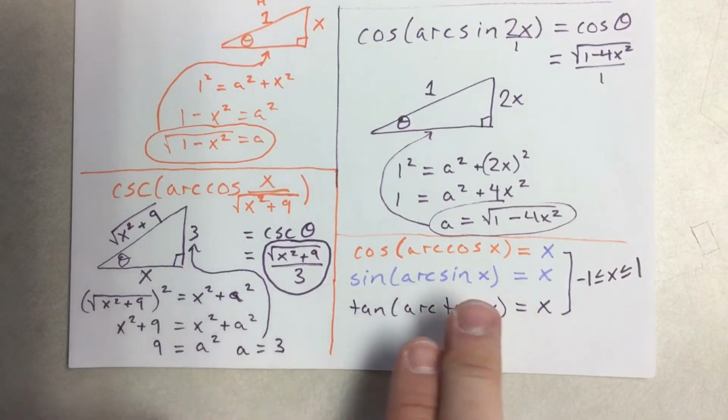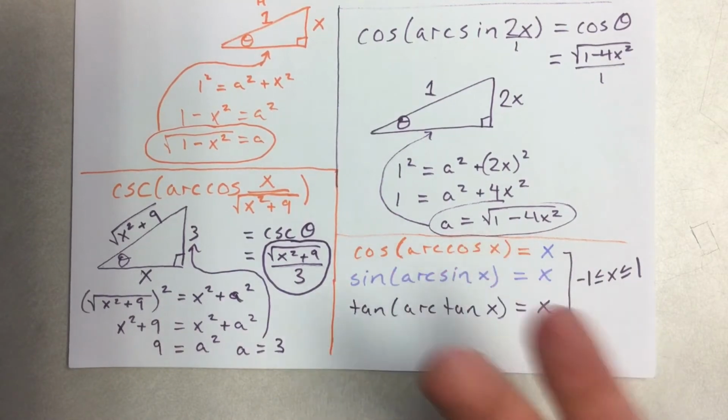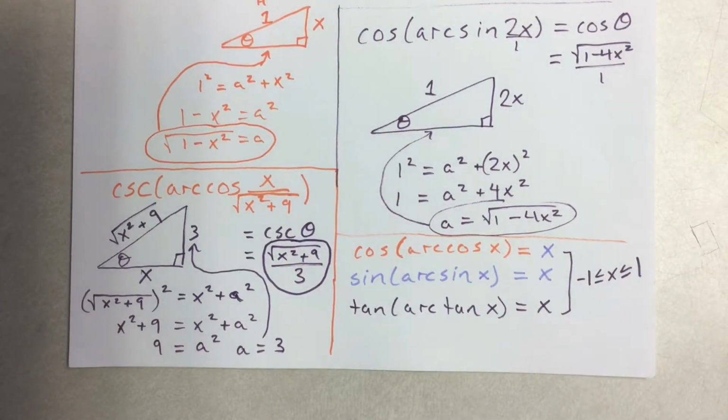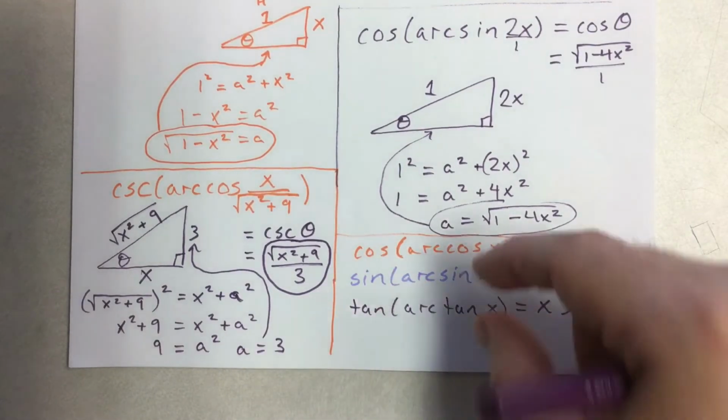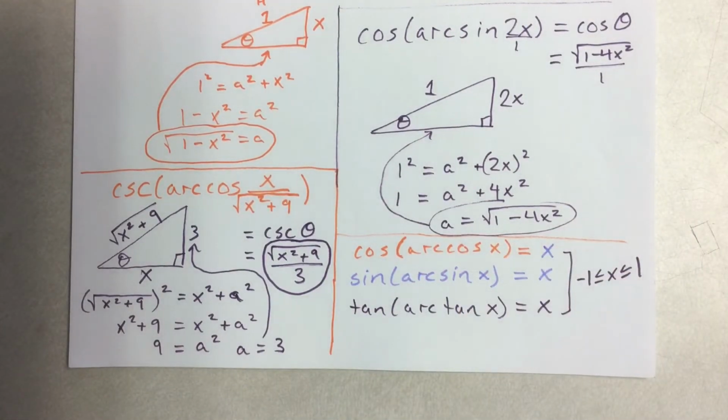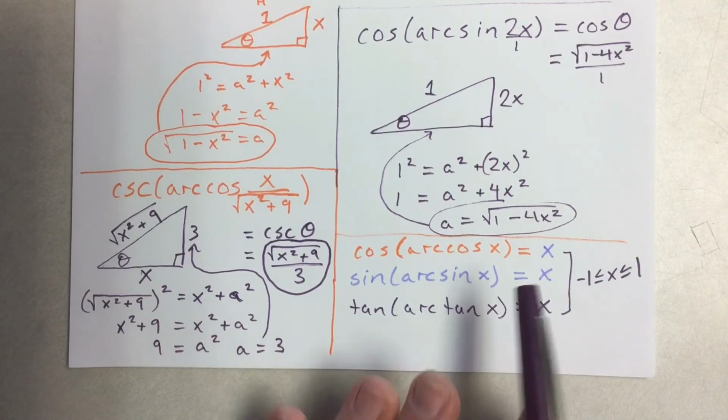Now, if I were to switch this, if I were to say arc cosine of cosine of x, arc sine of sine of x, if the regular trig functions are the inner part, they are not always true. So they will not always equal x. And it's because of the restricted domain, as we talked about in the previous lesson. This is always true.